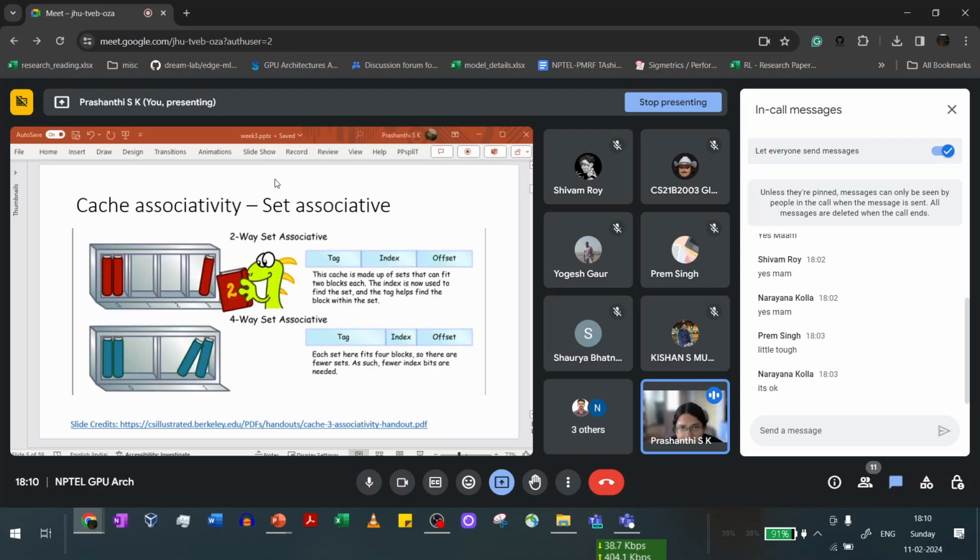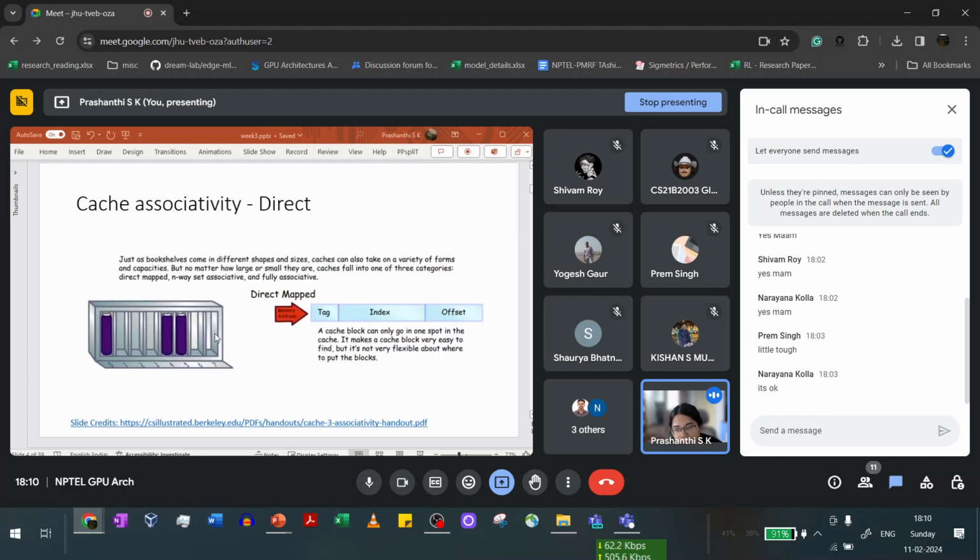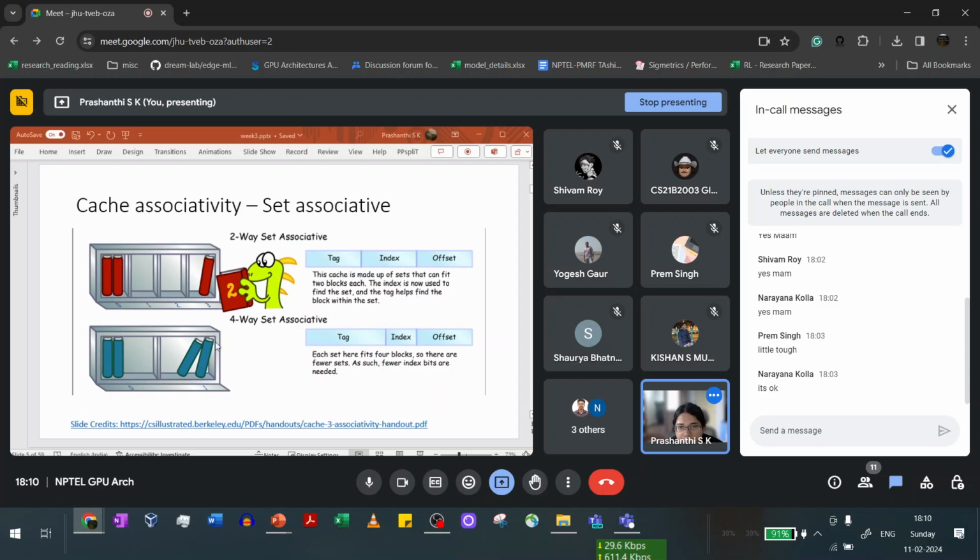let's look at set associative, right? We'll start with a two-way set associative example. Now think of each slot in the bookshelf. Here a slot used to accommodate one single book. The difference here is that each slot can now accommodate two books, or the cache has sets that can fit some n number of blocks. In this case, that is 2 blocks, and this is what we refer to as two-way set associative.